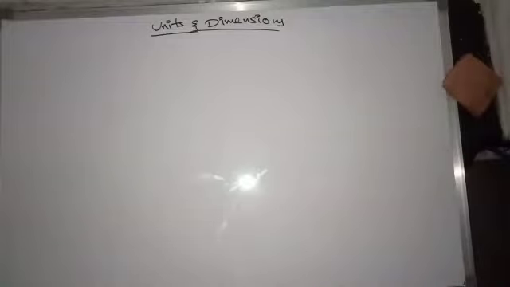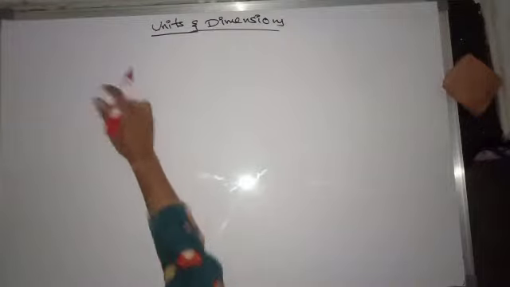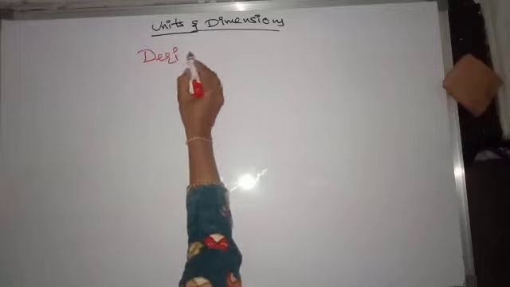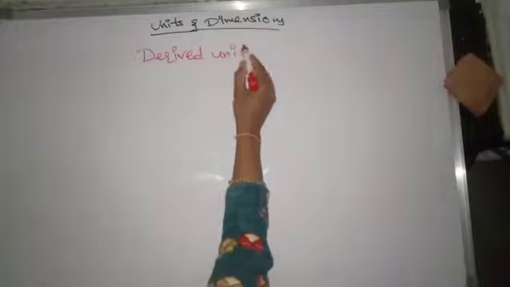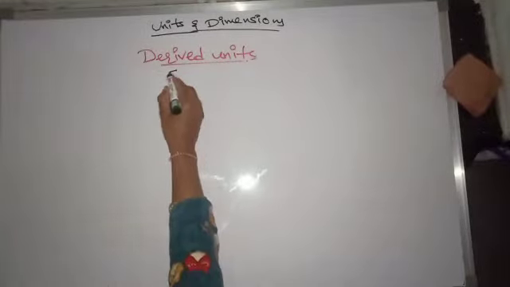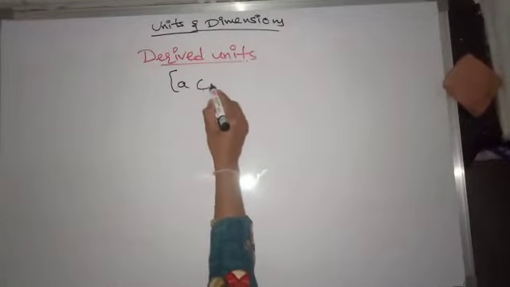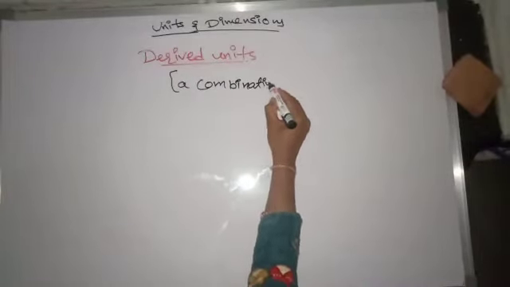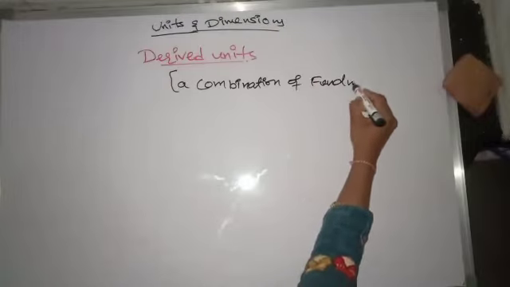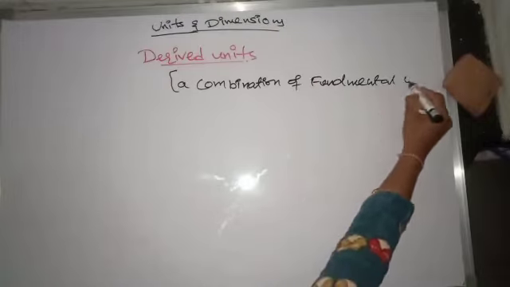In this lecture, I am going to explain derived physical quantities, derived units and derived physical quantities. Units are of two types, we know that. One is fundamental units and the other is derived units. What are derived units? Derived units are a combination of fundamental units.